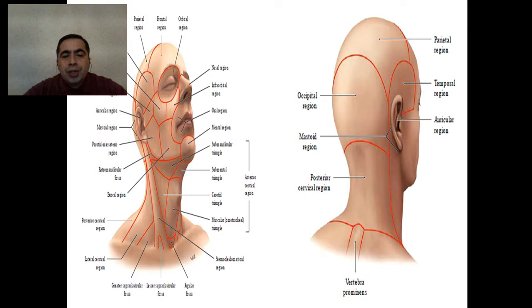Here are the regions, or the areas, of the neck. You are looking at the carotid triangle, which I'll explain slightly later. The submandibular triangle has very important glands and two very important vessels, the facial artery and the facial vein.